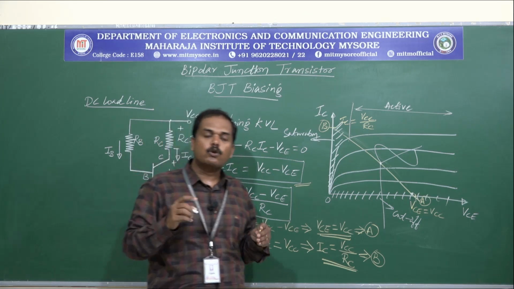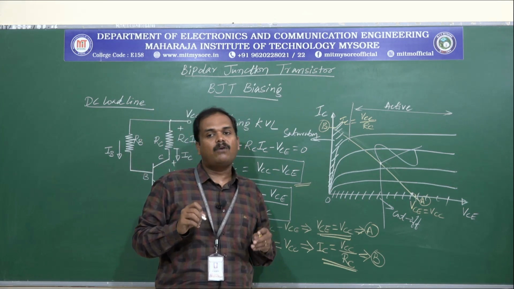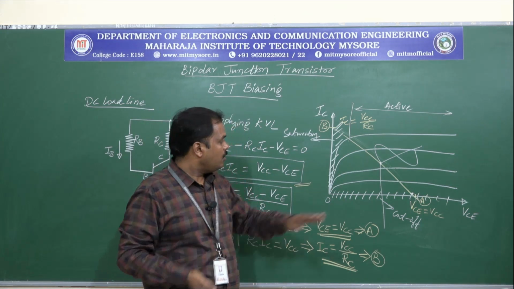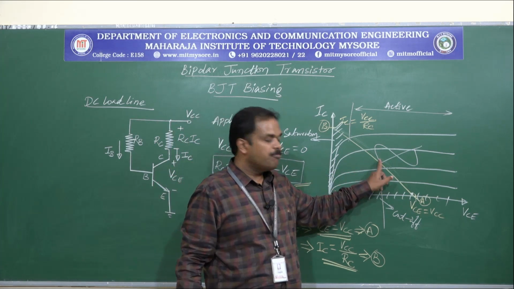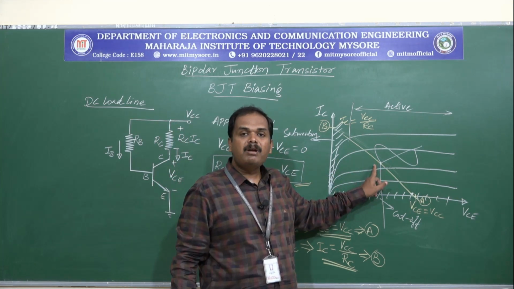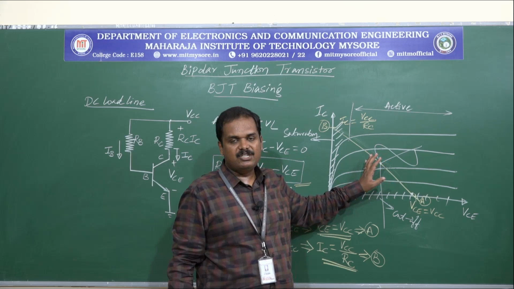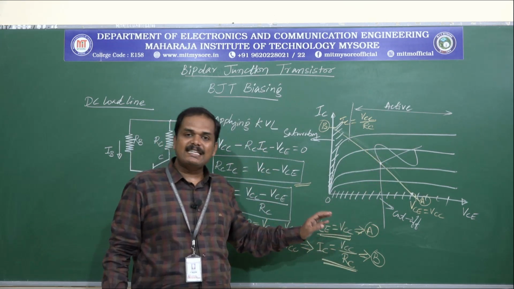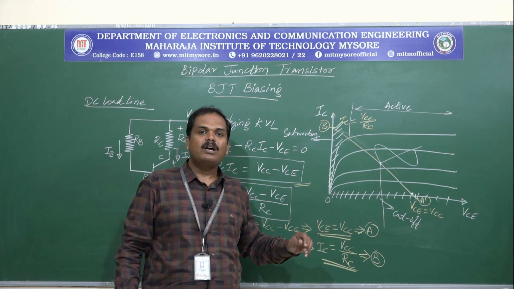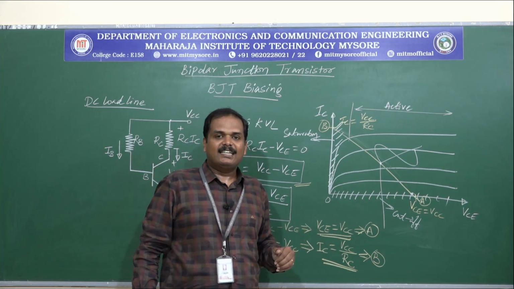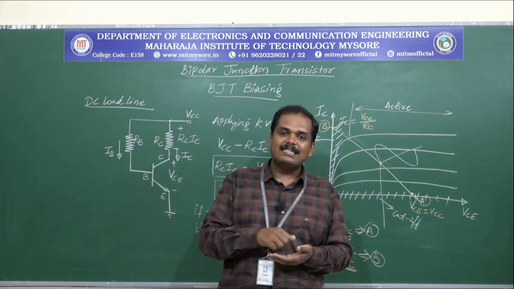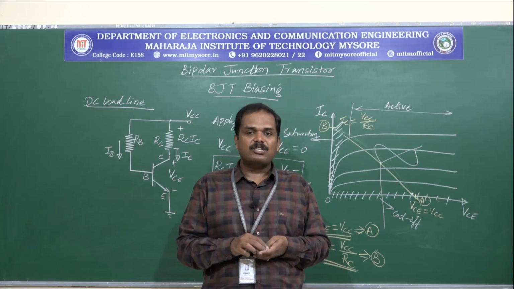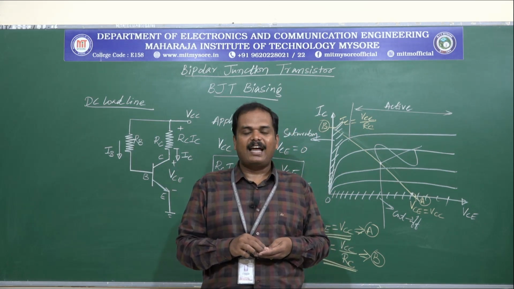There will be full room for the logic swing of the signal. So the operating point should be set at the mid of the active region. So this is all about the DC load line with respect to BJT. In the next session, we'll understand the concepts of JFETs and MOSFETs.